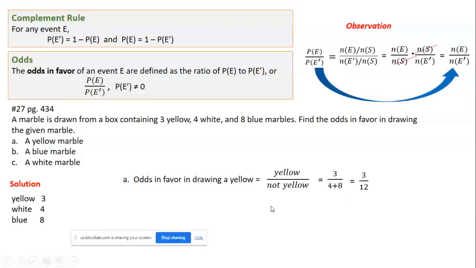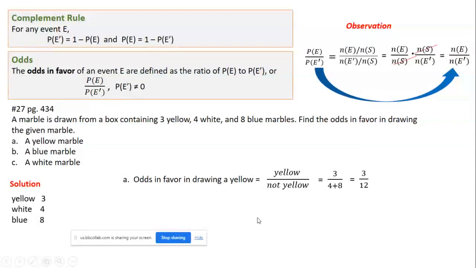So that's 12. But again, just to practice our complement rule, here we know that there's 15 total, right? That's the probability of getting all of these. So for not getting a yellow, that would be 15 minus 3, which would be the 12, right?